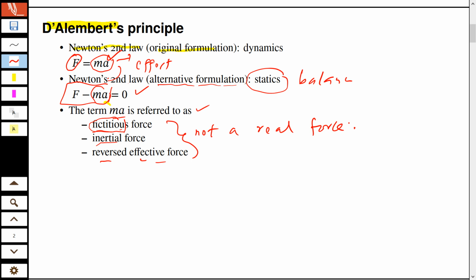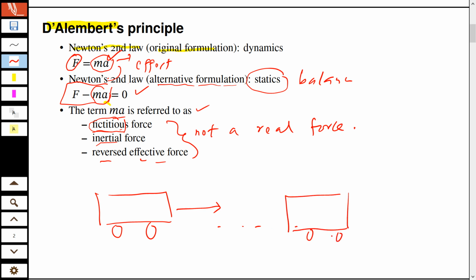Okay? Do you recall any example on hearing this name? Let me give you an example. Let's say you are sitting in a car or a vehicle, and suddenly the car stops, or you suddenly apply brakes.